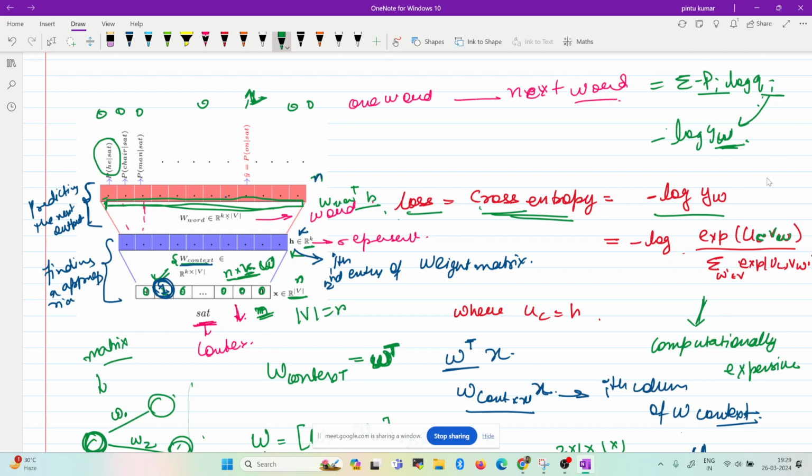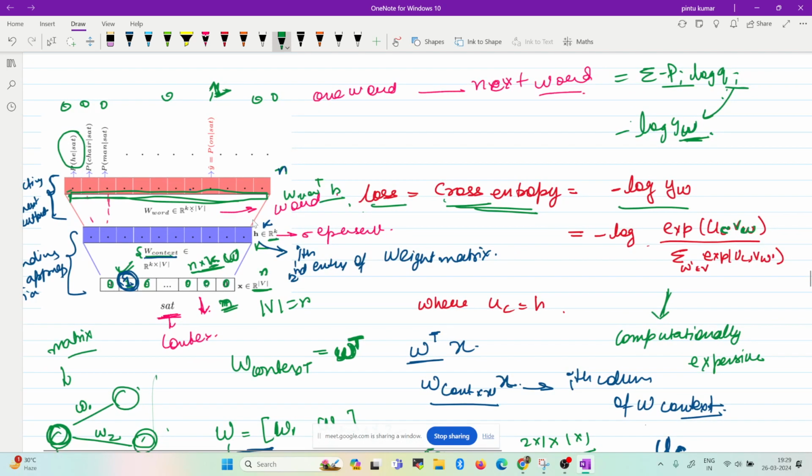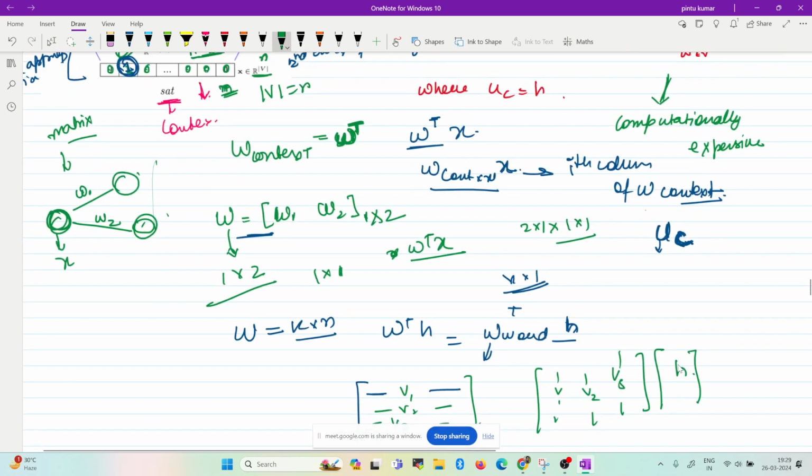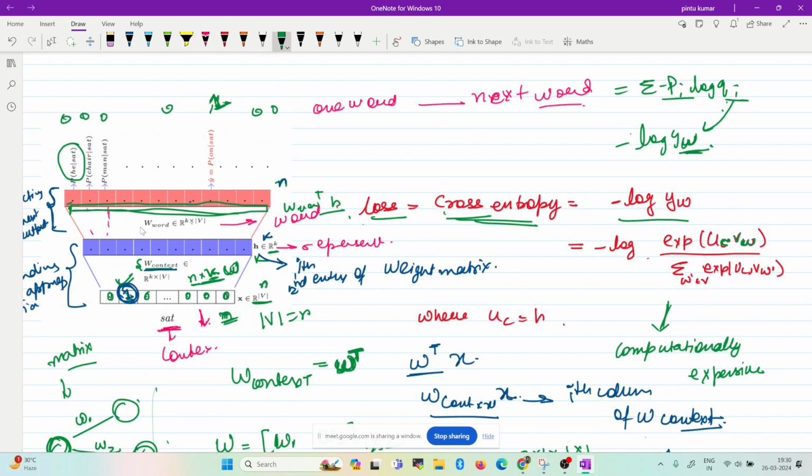Okay, now what is y_w? y_w is the output of this particular layer. This layer was this matrix being multiplied by H. What was my H? H was U_C. So every entry over here would be of the form U_C dot V1, this would be U_C dot V2, and so on.